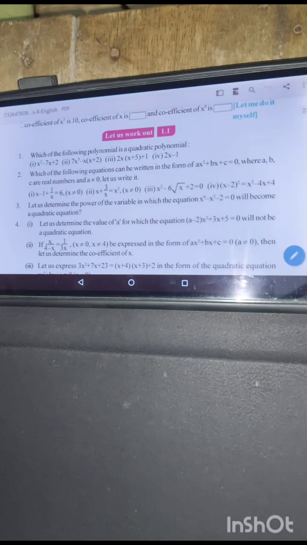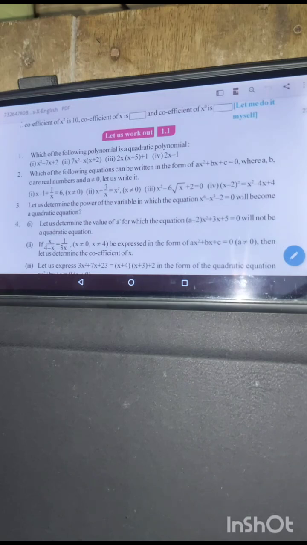So we can see in option 1 the highest power of x is 2. So it is a quadratic polynomial. Roman 2, 7x to the power 5. So the highest power of variable is 5 in this case, so it is not a quadratic polynomial. Roman 3, 2x into x plus 5 within bracket plus 1.